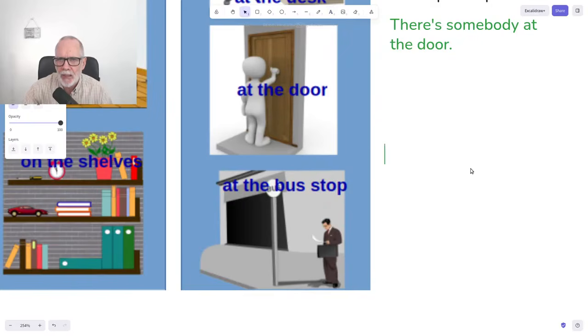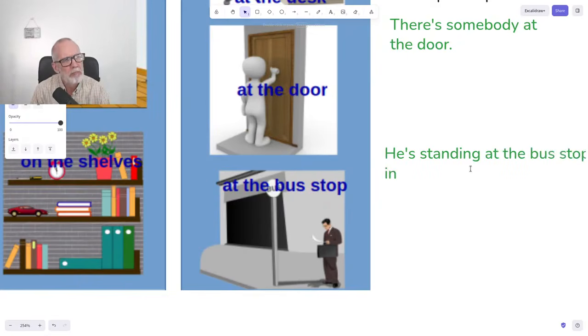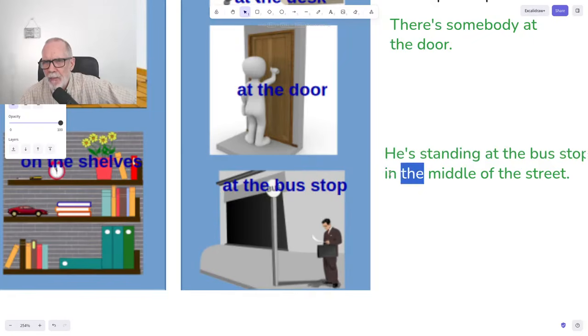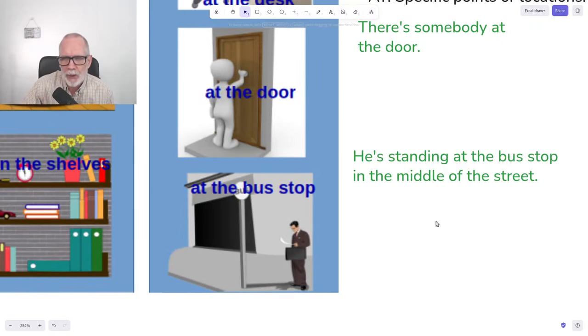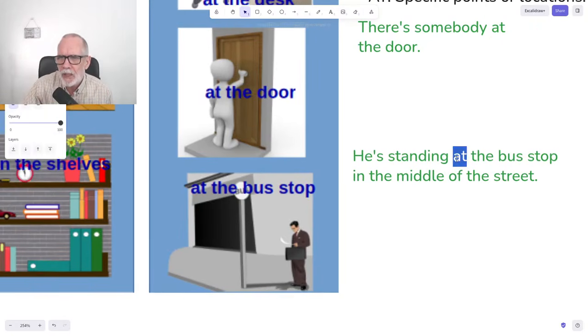So we could say, he's standing at the bus stop in the middle of the street. So notice here we're saying in the middle of the street. Usamos in con streets, que es calles, que es otra regla, un poco una excepción. Pero aquí estamos usando at the bus stop, este punto en el espacio más grande que es the street o la calle.